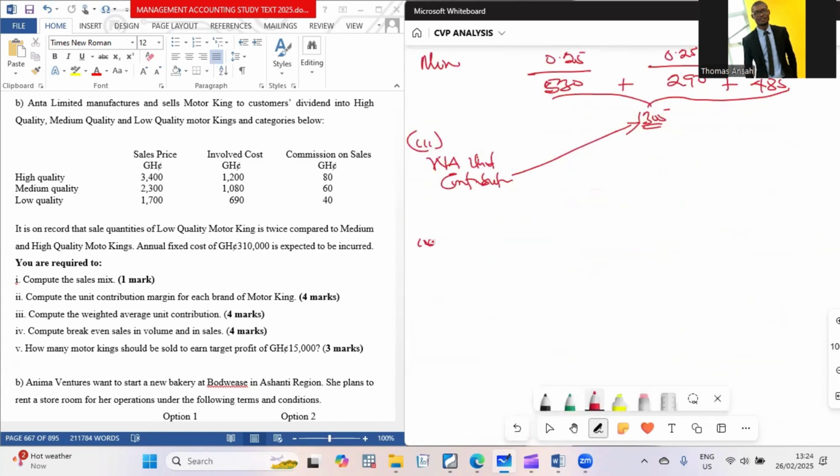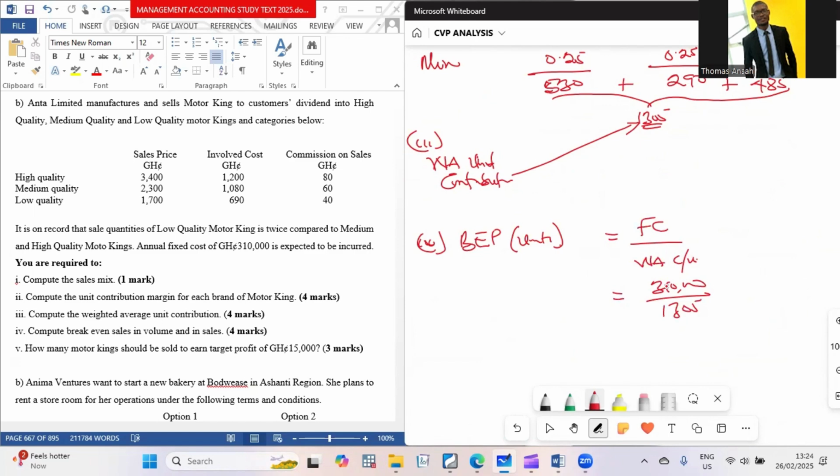So IV, break-even points, and we are using units first. So what is our fixed cost? We will need fixed cost, and we will divide it by the weighted average that we have done in units, which is 1,305.